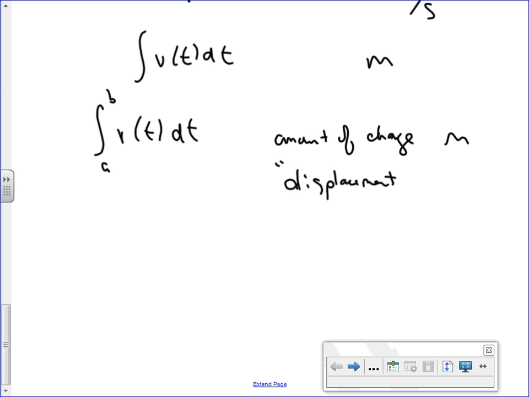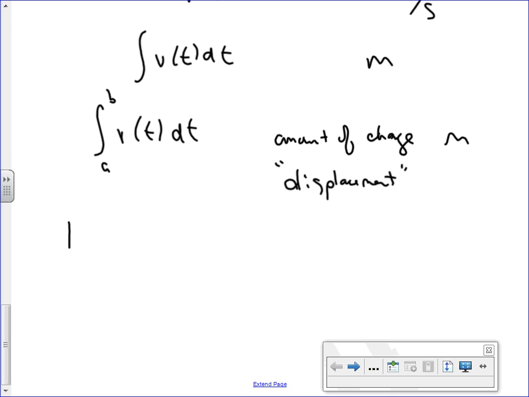It's not distance. We talked about that before. If I walk this way 3 feet, and then I turn around and walk this way 3 feet, I've walked a distance of 6 feet, but my displacement is 0. So they're two different things. This is displacement, how far away it is from where it started.